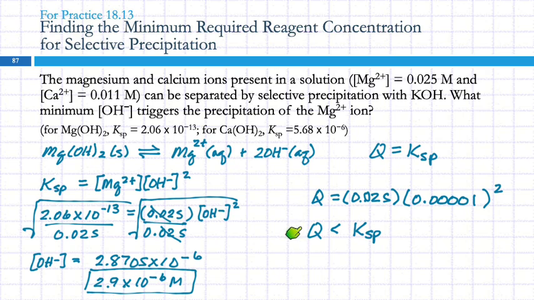Q is going to move in the direction of KSP, and it will get equal to that if it can. So in order for us to get our Q to be equal to KSP, we can't change the magnesium because that was fixed. We add more hydroxide. And at the point where it's just going to start precipitating is where Q is equal to KSP.